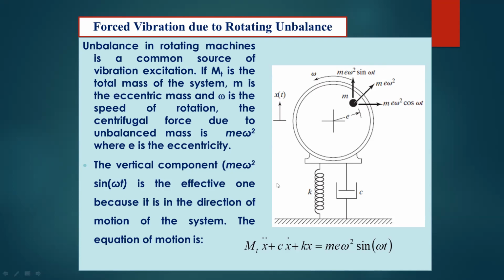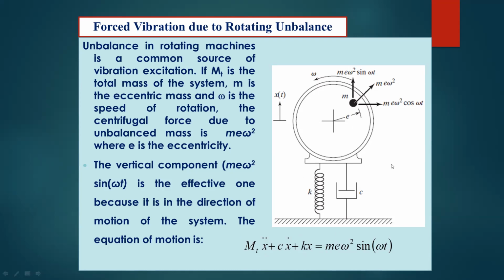So now, you can cut this system from here. If you cut this system from here, you can find the free body diagram of this system. So from that free body diagram, you can easily get capital M, which represents the whole mass of the system, the structural mass, times x double dot, the acceleration, plus C x dot plus K x.